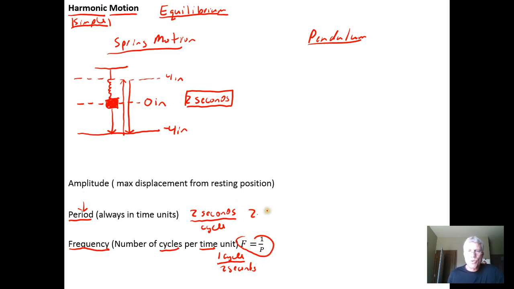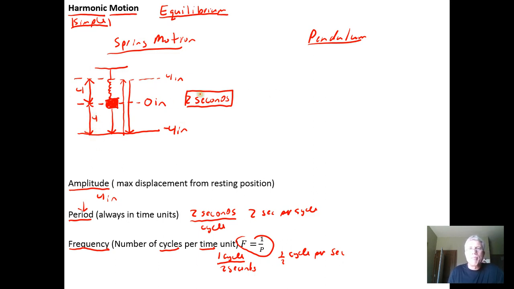Usually you would just put 2 seconds per cycle and 1/2 cycle per second. And of course amplitude is the max distance that you get from your equilibrium point. In this case, the amplitude is 4 inches for this example. I never get more than 4 inches above or below my equilibrium point.